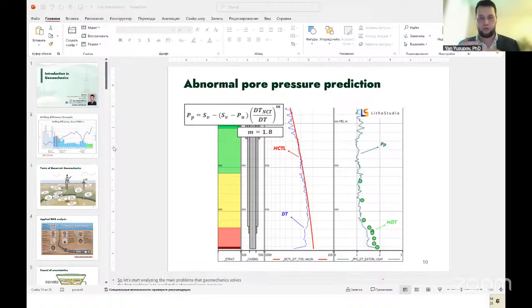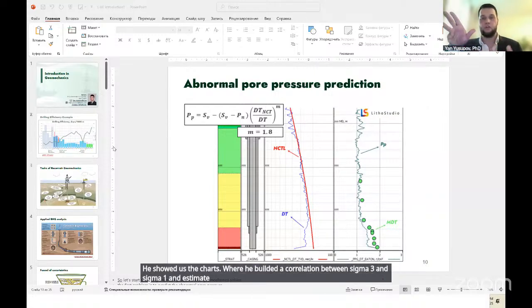He showed charts where he built a correlation between sigma-3 and sigma-1 and estimated the configuration of failure points to understand which criterion you need. Mohr-Coulomb, maybe Hoek-Brown, maybe another.